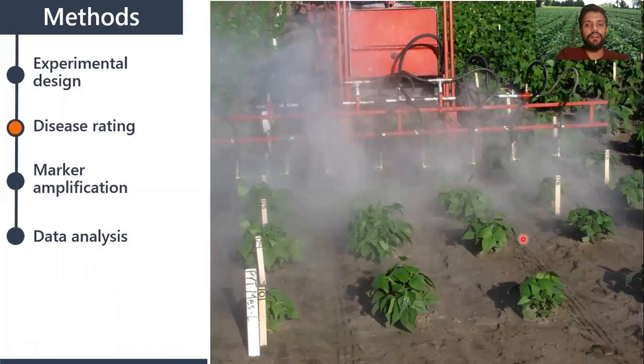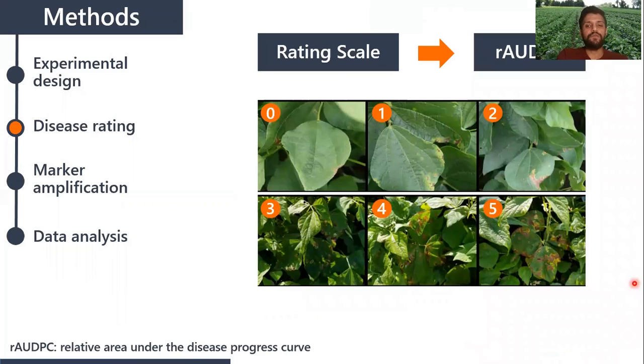The fields were artificially inoculated with bacteria using a mechanical sprayer, and the disease response was rated using a 0 to 5 scale, where 0 means no symptoms and 5 means more than 80% of diseased leaf area.